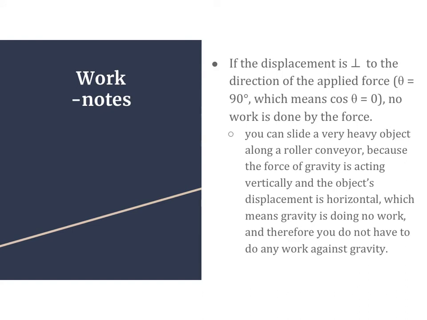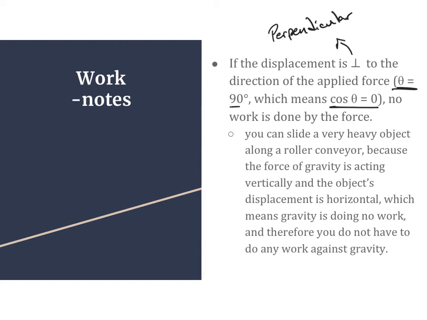And then the other time that we don't have any work done is if the displacement is perpendicular to the direction of the applied force. Mathematically, the reason for this is that if the angle is 90 degrees, then the cosine of that angle is 0.